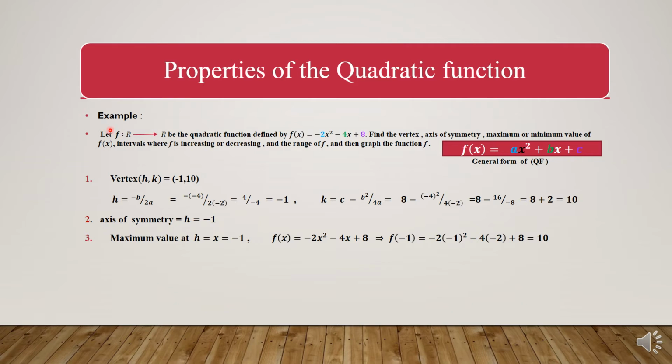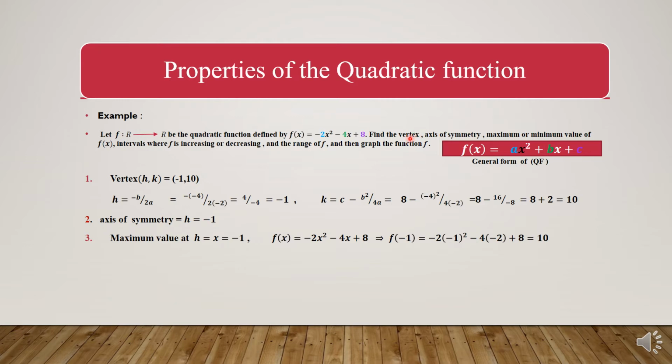So let us discuss all these properties from the given example here. Let f be a function from R to R with a quadratic function: f of x is equal to minus 2x squared minus 4x plus 8. Find the vertex.